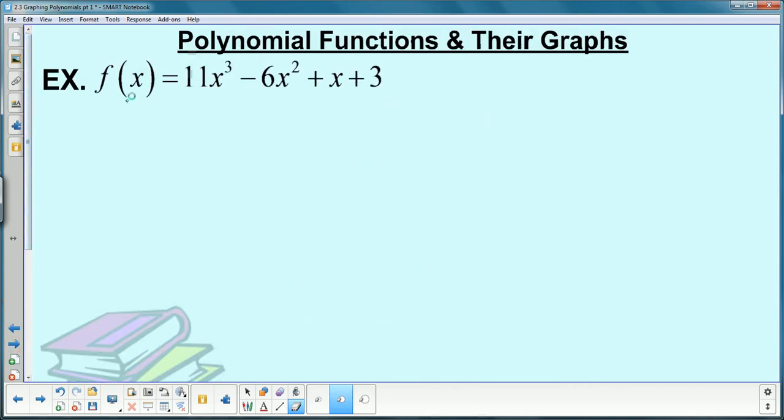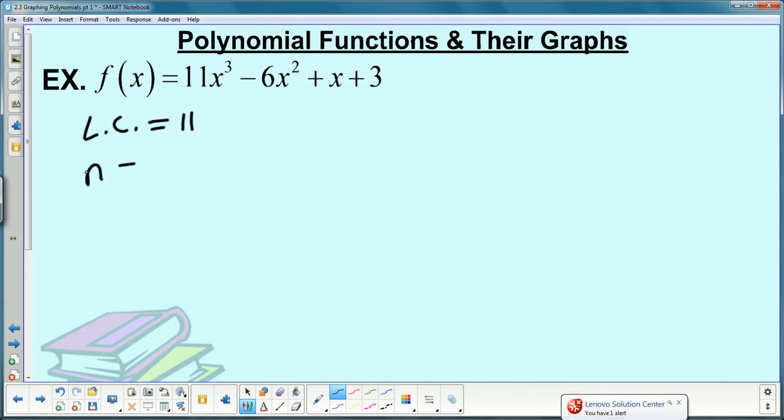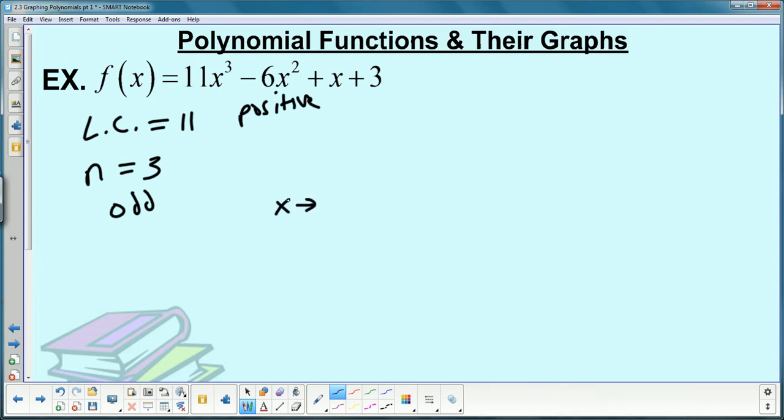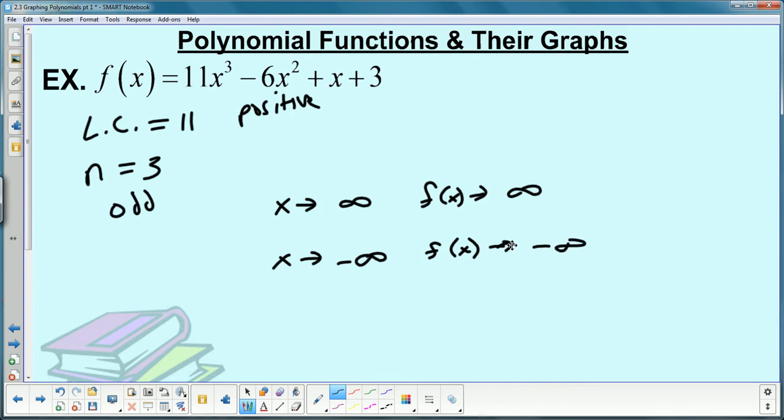If we look at something here, you see our leading coefficient is 11 and our degree is 3, which is odd, and the coefficient is positive. So that means as x goes to positive infinity, the values f of x are also going to go to positive infinity. And as x goes to negative infinity, f of x is going to go to negative infinity.